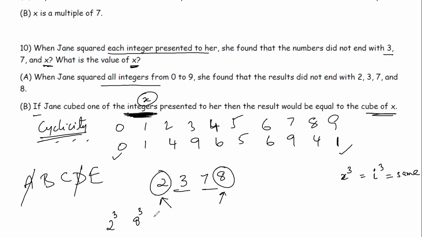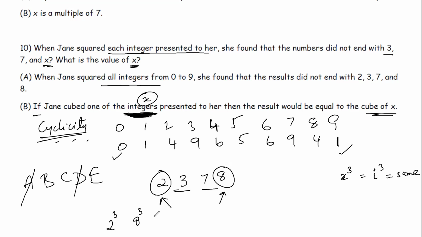When Jane cubed one of the integers presented to her, then the result would be equal to the cube of x. Out here in statement B, there's nothing to do with the last digit or the ending.